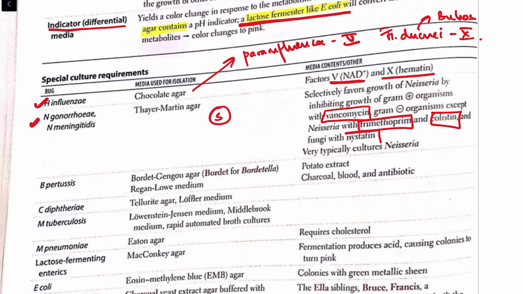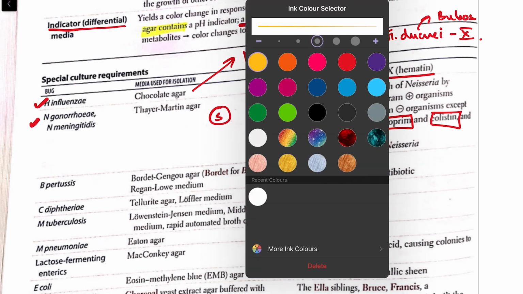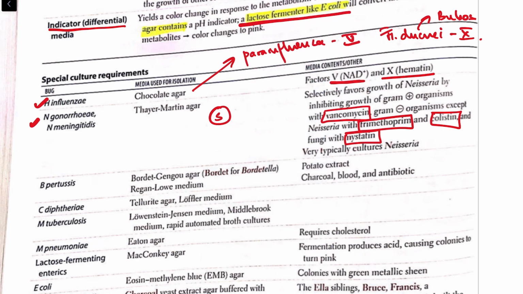It has nystatin which prevents the growth of fungi. So in Thayer-Martin what are the antibiotics? This question has also been asked. So first is vancomycin. This will inhibit gram-positive bacteria. Then trimethoprim, this will prevent gram-negative except Neisseria, also colistin. And third is nystatin for fungus. Okay, so therefore this is a selective media.